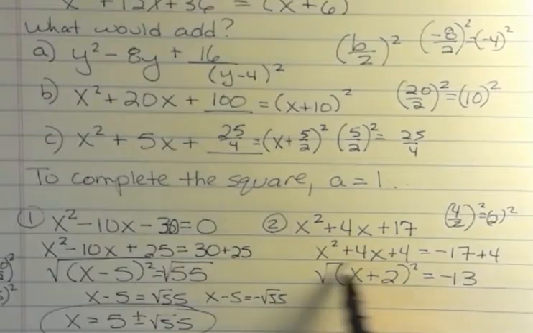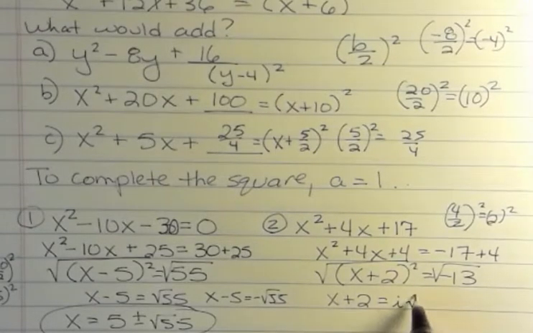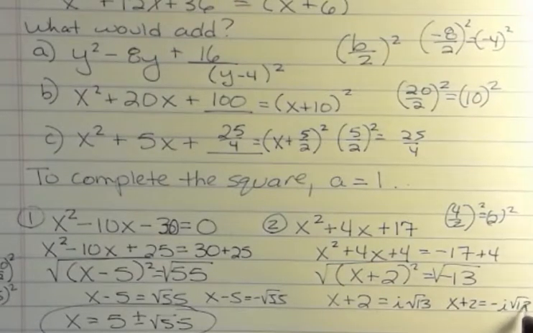Now I'm going to take the square root of both sides. Now I'm just completing this problem by using the square root property. And I have x plus 2 equals, well, remember I have a positive and a negative here, just like I did over here. But the square root of 13 would be fine, but with the negative in there, I have to write i square root of 13, or x plus 2 equals negative i square root of 13.